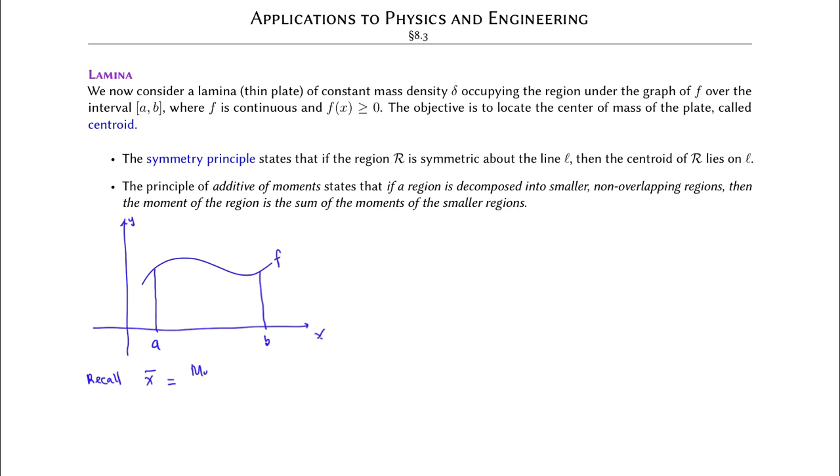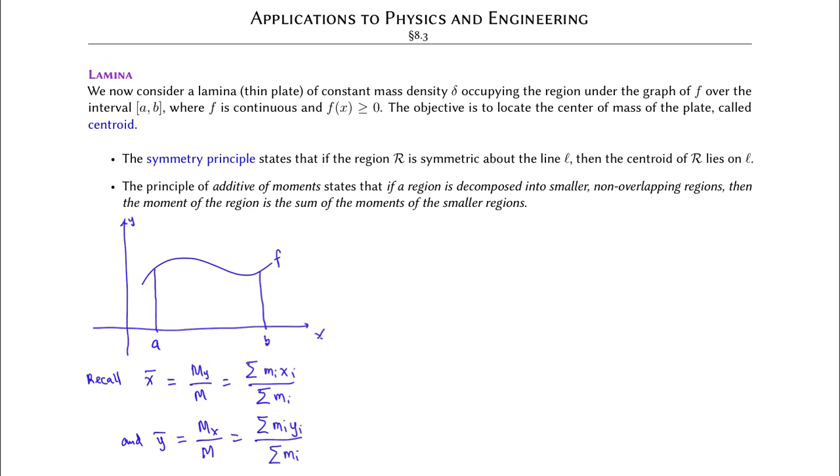Recall that the center of mass x bar is the moment about the y-axis divided by the total mass, where the moment about the y-axis is the sum of the product of the mass times the directed distance to the y-axis, and y bar is M sub x divided by the total mass, where the moment about the x-axis is the sum of the product of the mass times the y-coordinate, which is the distance to the x-axis.